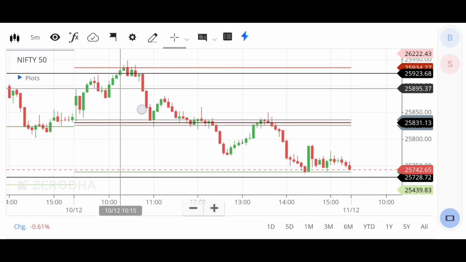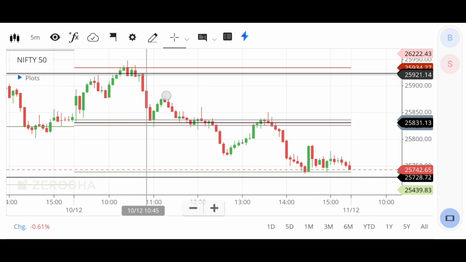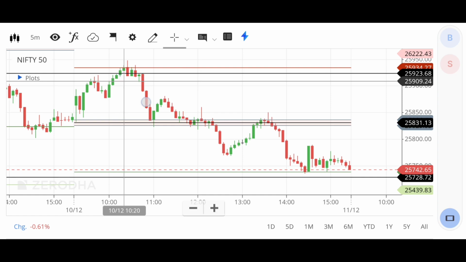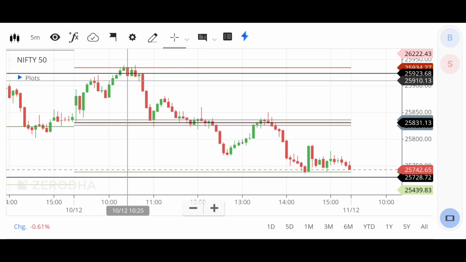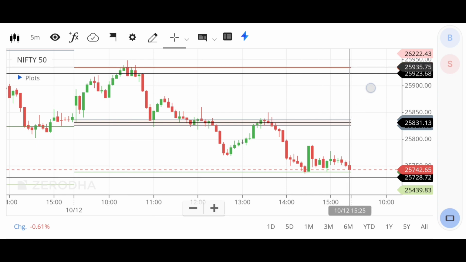So the market tried to reach both the levels that we are having for day trading, and the market broke both levels at 10:15 and 10:20. As soon as it reached that level, it did not sustain at that point, and as we are having this R1, it plays an important role today because that acted as a good resistance.